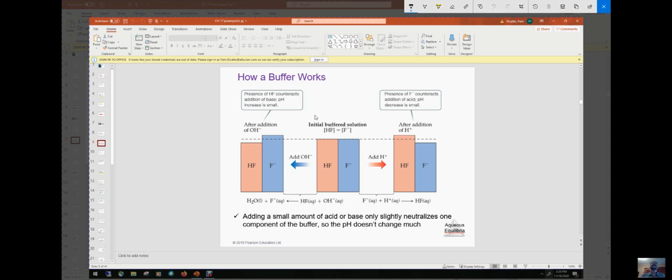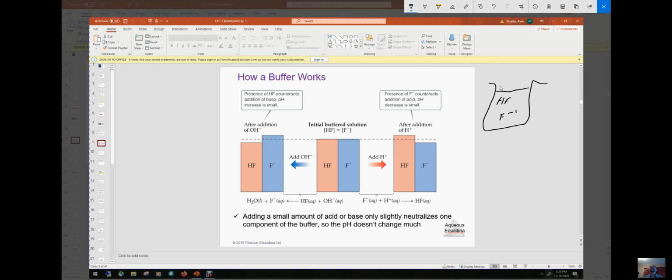Okay, so I initially start out with my weak acid, HF. Hydrofluoric acid is not a strong acid, it's a weak acid. It only partially reacts with water to make fluoride ions and hydronium. So at equilibrium, I have both of these there.